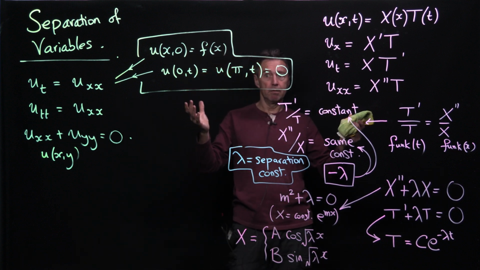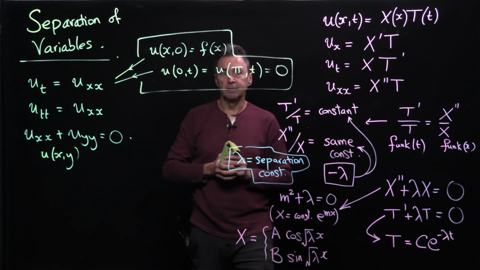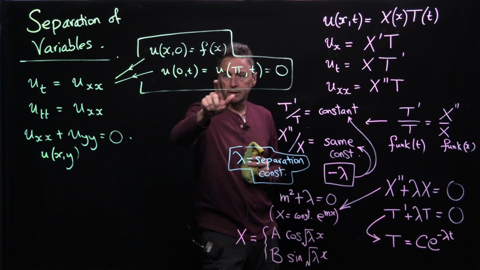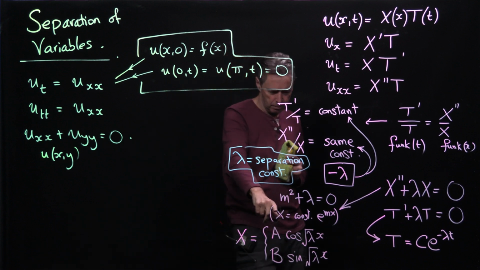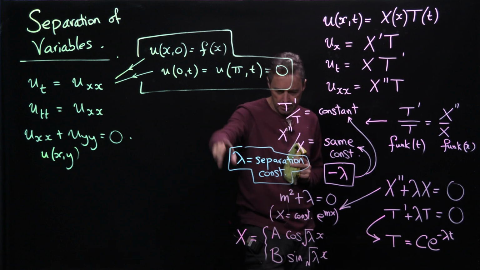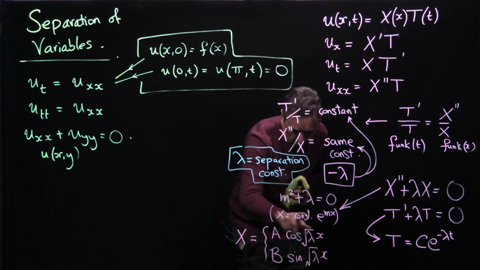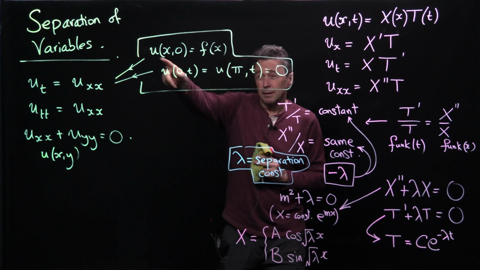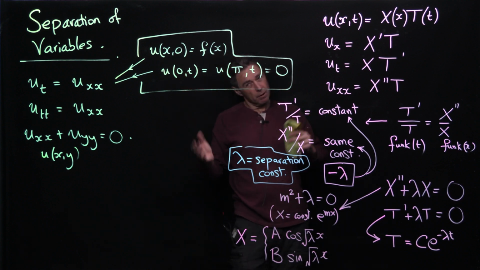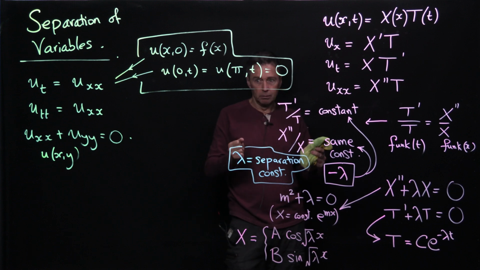That looks hard, so let's leave that for later. These conditions, on the other hand, are much easier to deal with, and given our form for the solution, that's going to immediately tell us something about these solutions for big X. As I say, this one's a bit more complicated, so we reserve dealing with that until the end.